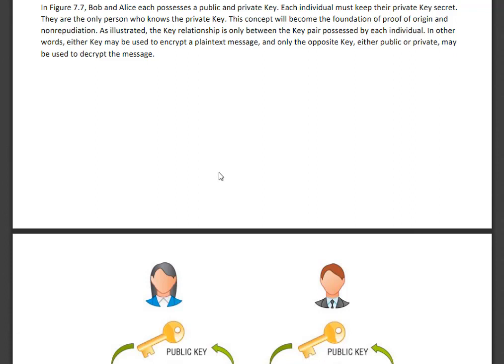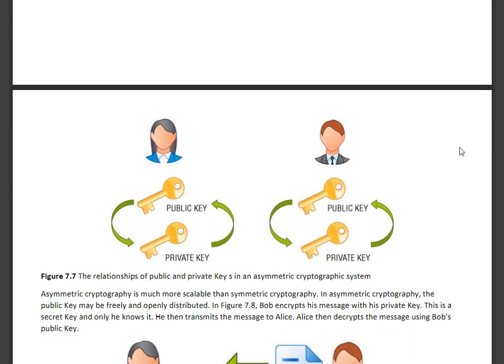So, for example, if Bob wants to send Alice a message and wants to prove that it's from him, he encrypts it using his private key. Anyone else can have the public key, so anyone that receives the message encrypted using his private key and has a copy of his public key is able to decrypt it, and they know that since only Bob possesses the private key, it must have come from him.